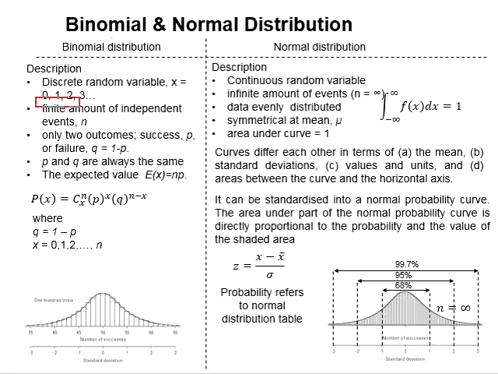There will be a finite amount of independent events. That means there will be a limited number of independent events, and within each event there will be only two outcomes, either successful or unsuccessful. The successful probability is determined by p, while the probability of not successful is represented by q.